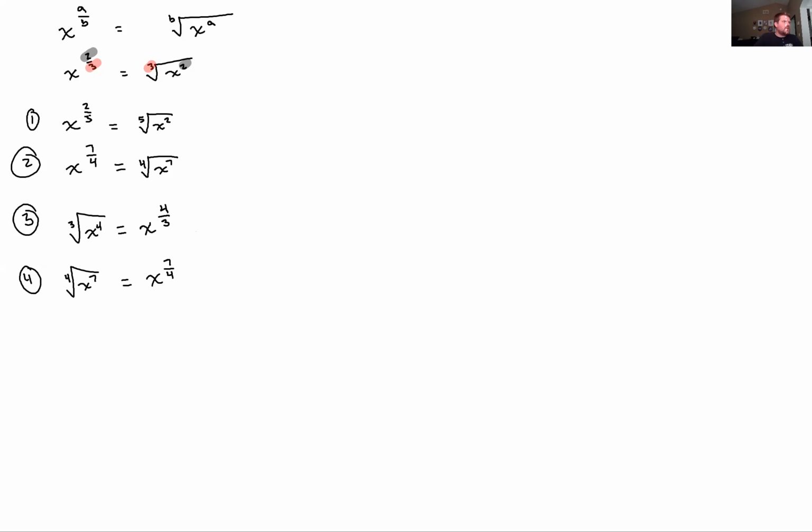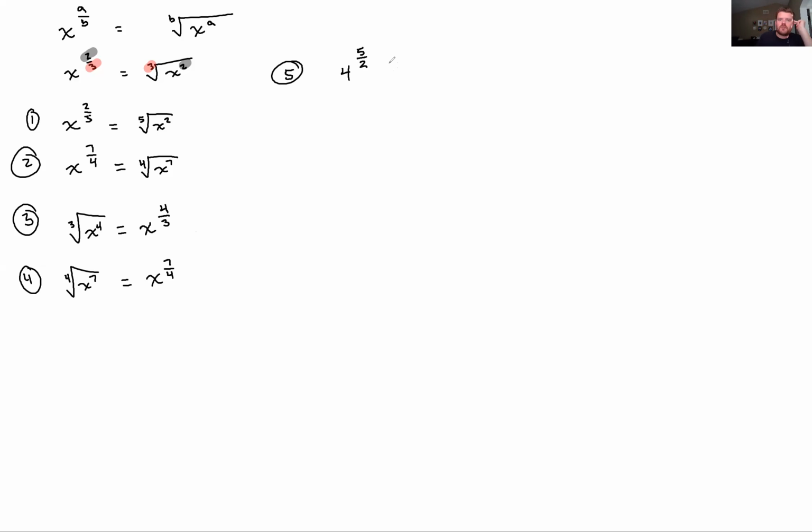Then as you scroll down, as you get into the later problems, you're asked to evaluate expressions involving this procedure. So, for instance, let's say I have something like 4 to the 5/2.